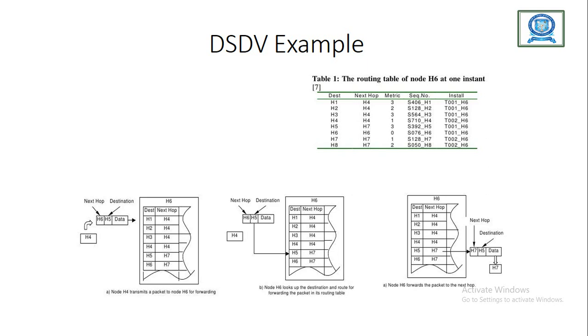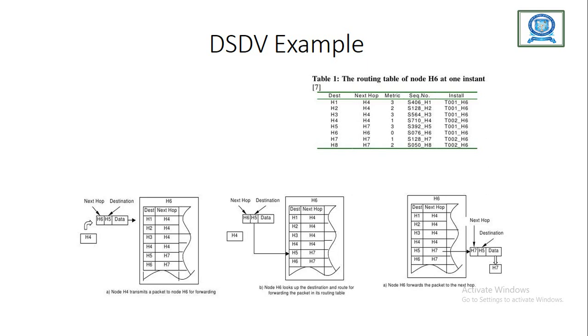Here it checks the next hop is H6 and the destination is H5. The destination H5 is present in the routing table, but it says that the next hop for reaching H5 is H7. So this packet will be forwarded to node H7. H6 forwards the packet with the next hop H7 and destination H5 with the same data.